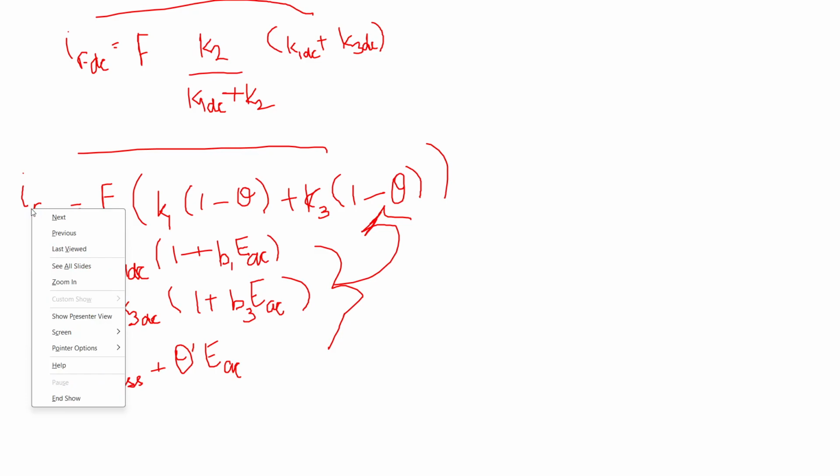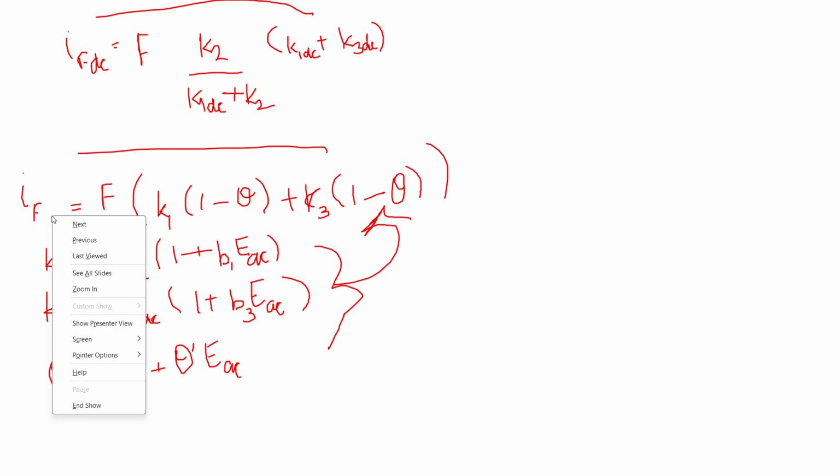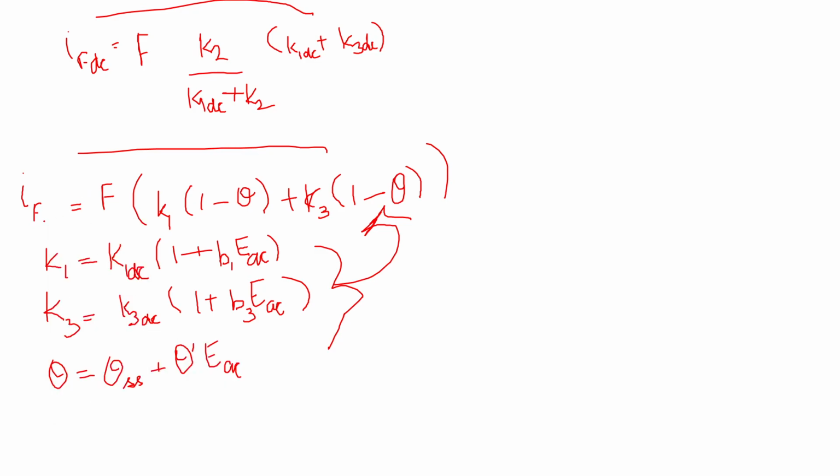In order to find out IFAC, sorry, again I've made a mistake. See, it's not IFAC, this is the IF total. So basically you will then be separating out IFAC and IFDC separately, and that's how you get IFAC. Please try doing it. I'll give a couple of minutes and then I'll start doing this.